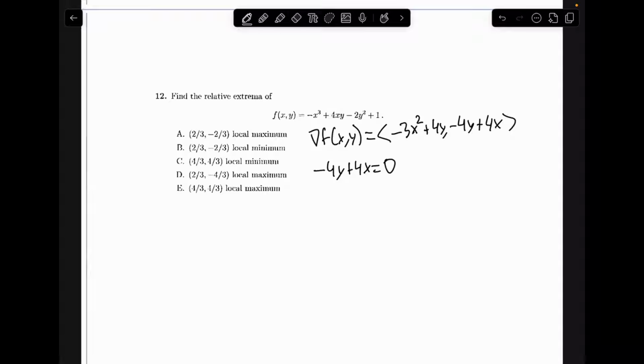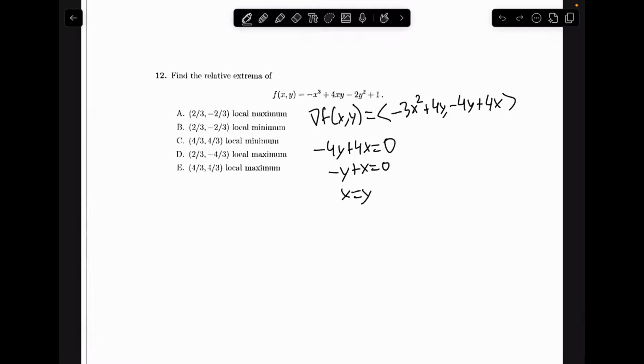Divide by 4, we're going to get negative y plus x equals 0, so y is going to be equal to x. Great. So if we use this and plug into our first component, which we also know has to equal 0, we can solve and get an actual value. So let's plug in x for y.